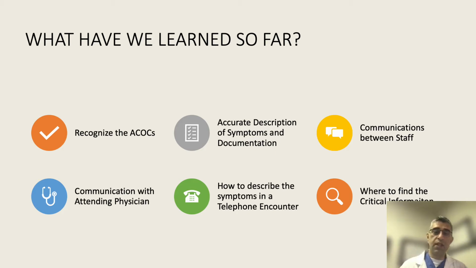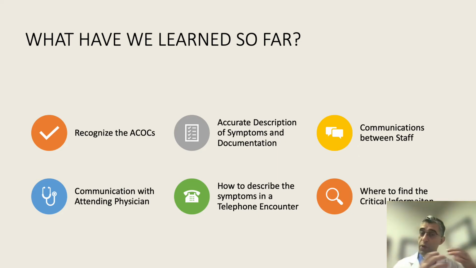The other part that was very vital, and we're going to talk a little more in detail when we learn about assessment, is communication between the staff. Who is responsible? Who is the first person to recognize the acute change of condition? There should be a series of conversations between them.